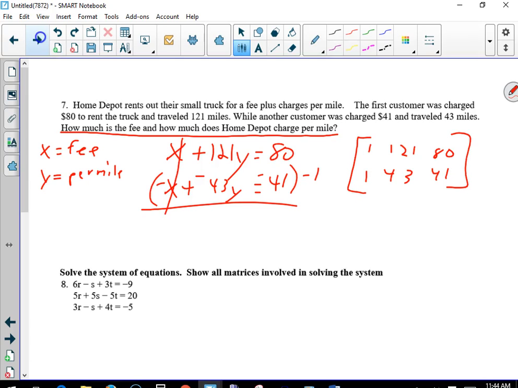The x's cancel. This is 78y equals 39. So y is 1/2. So that means 50 cents per mile.